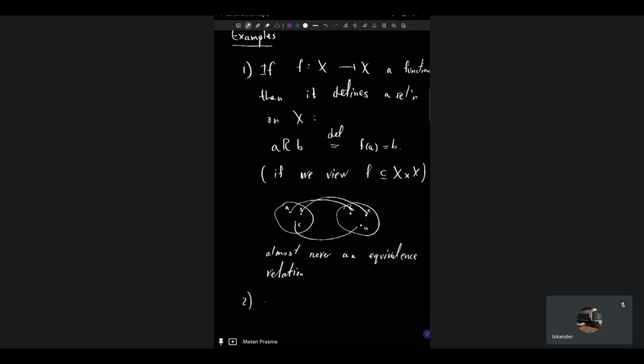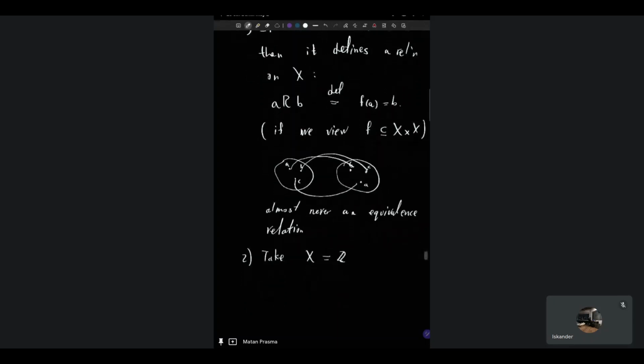So take X to be the set of integers, and we set A equivalent to B if and only if A is equal to B modulo N.